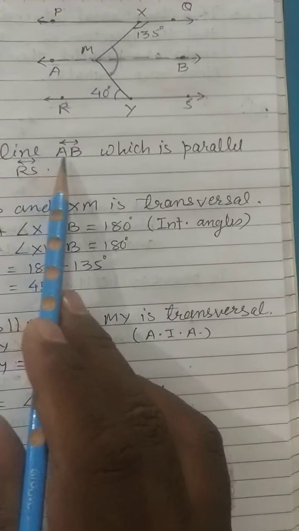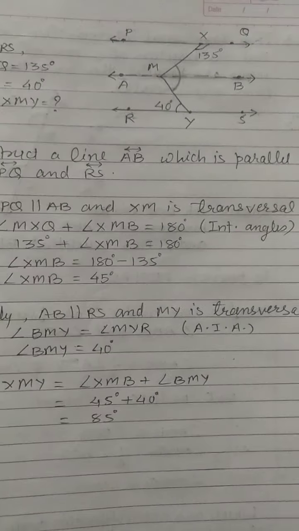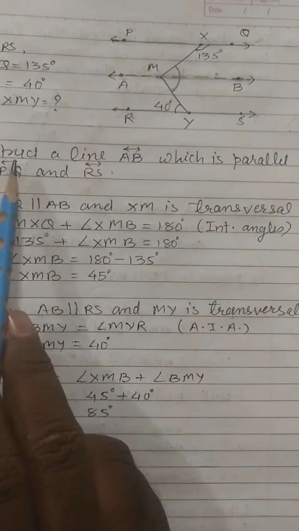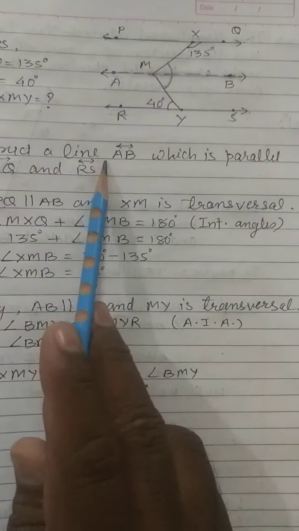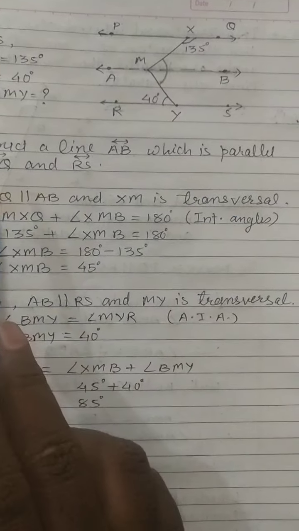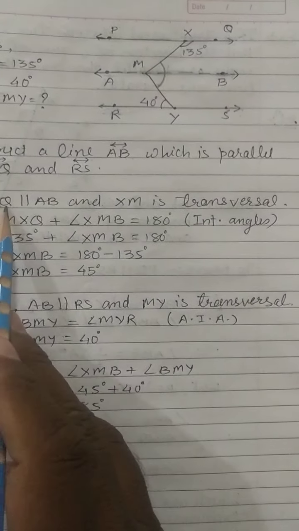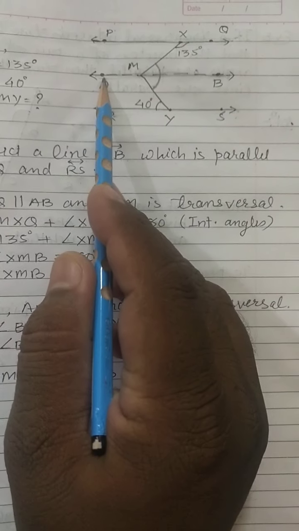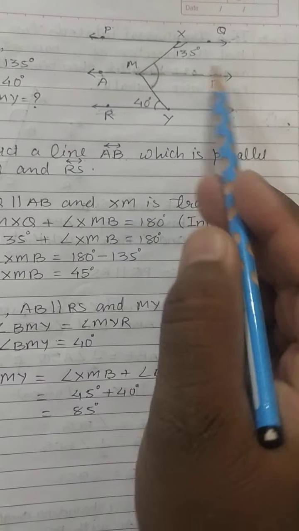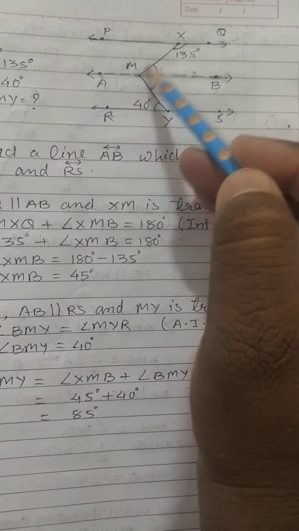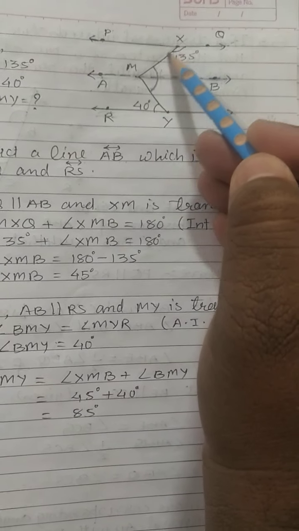So construct a line AB which is parallel to both PQ and RS. Now PQ is parallel to AB and XM is considered as a transversal here.